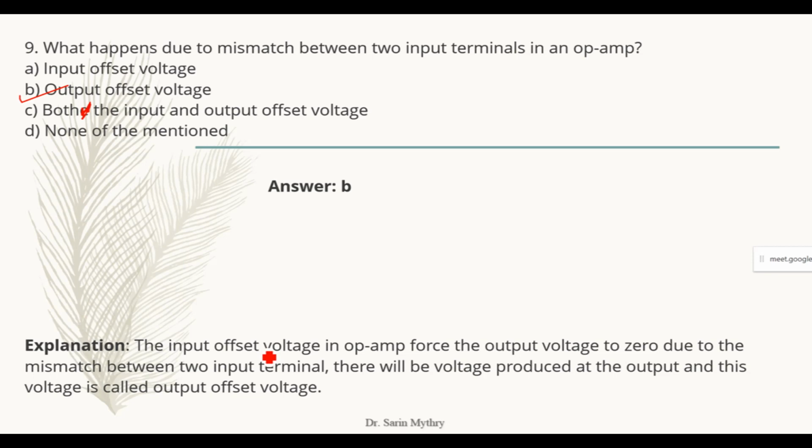So what happens whenever the mismatch is there between the input terminals? Output offset voltage is going to exist. So that output offset voltage you are supposed to reduce to 0. Therefore there will be a voltage produced at the output, and this voltage is called an output offset voltage. You might have studied about one particular term called VOOT. VOOT is the total output offset voltage.